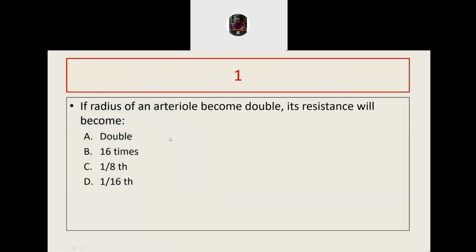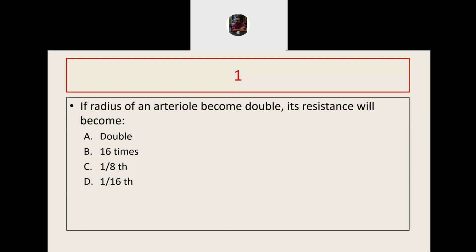Now, with this basic idea, let us try to solve the questions that we studied. So what will be the answer to question number 1? Wonderful.